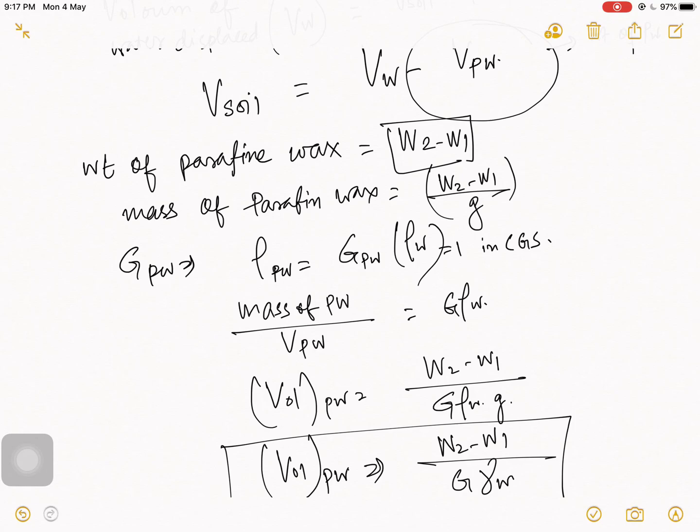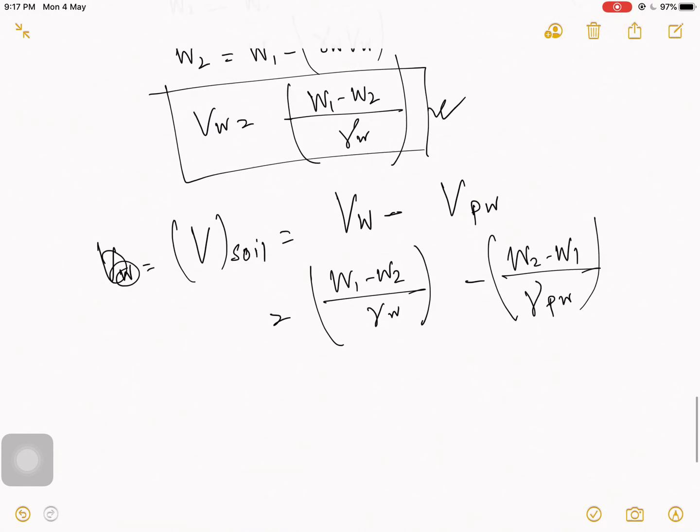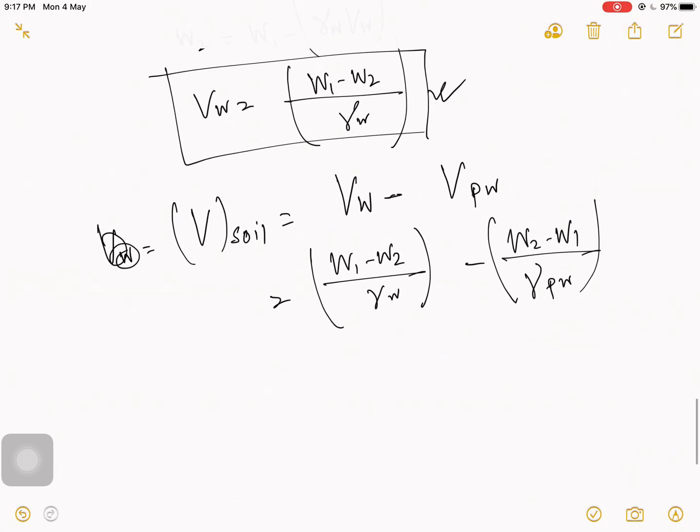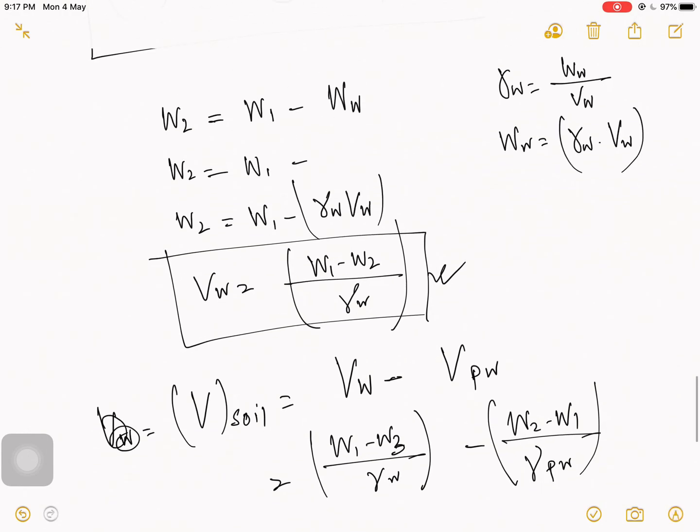W2 is the material plus paraffin wax, so here we call it W3, the weight in water. Okay, W3 is done.